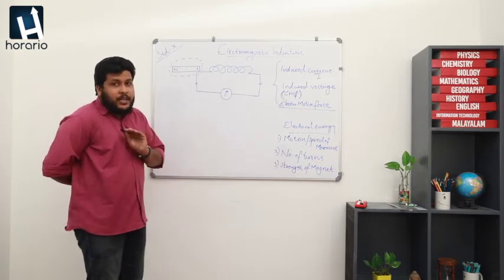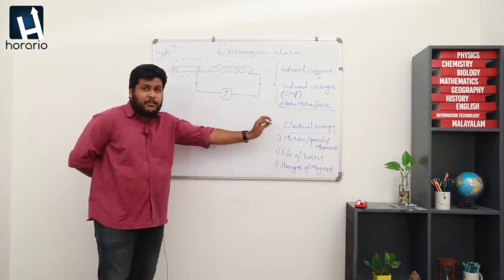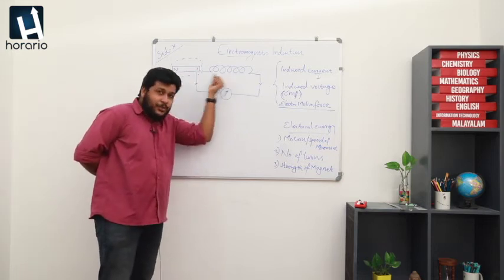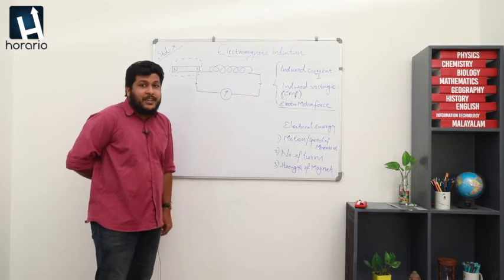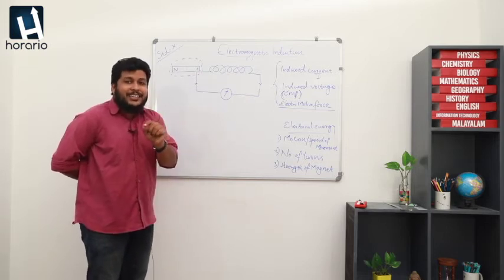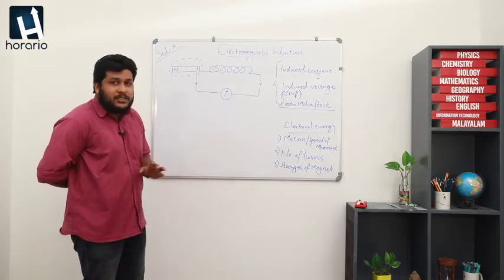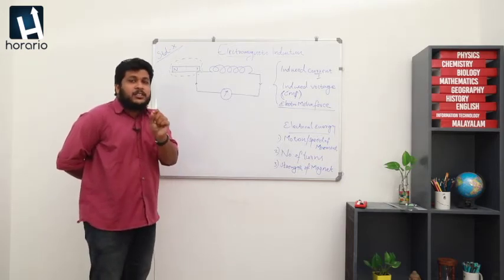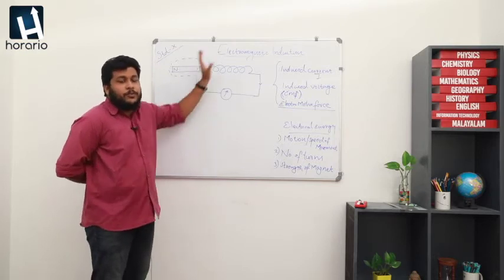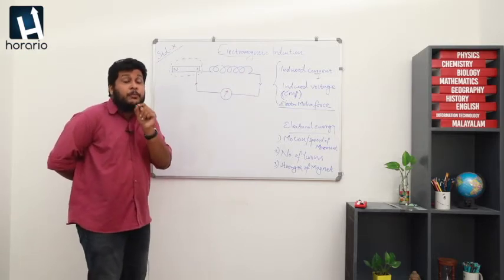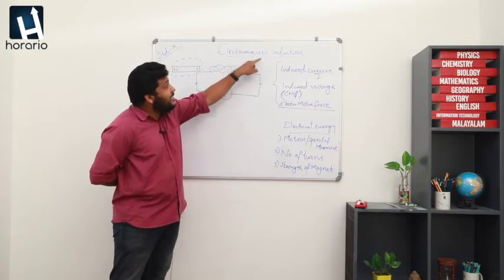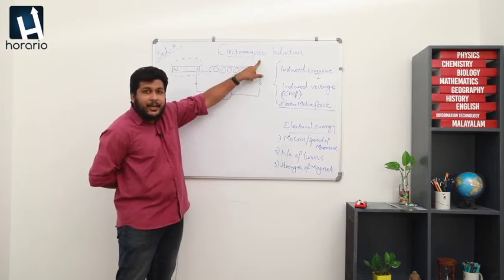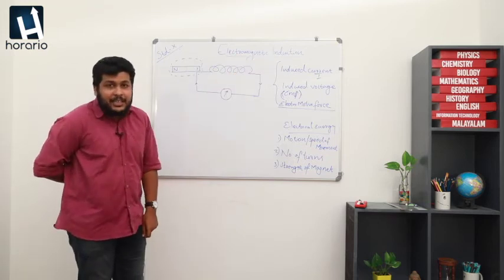This formation of EMF due to the change of the magnetic flux linked with the solenoid or the conductor is known as electromagnetic induction. The principle of this whole phenomenon is clear from the name itself: the induction of electricity with the help of a magnet is known as electromagnetic induction.